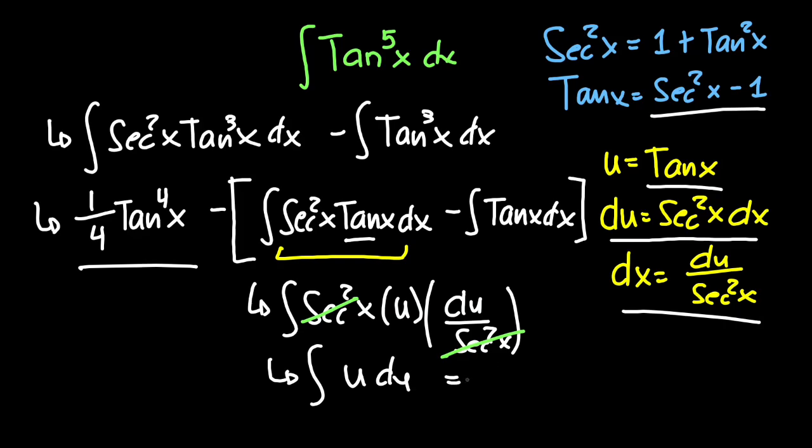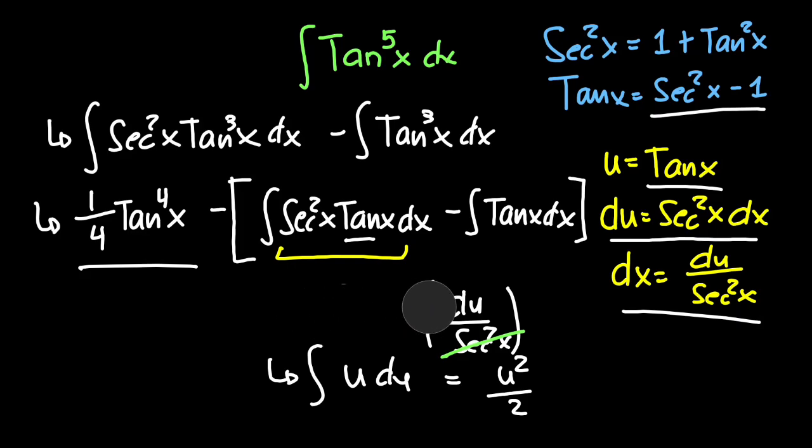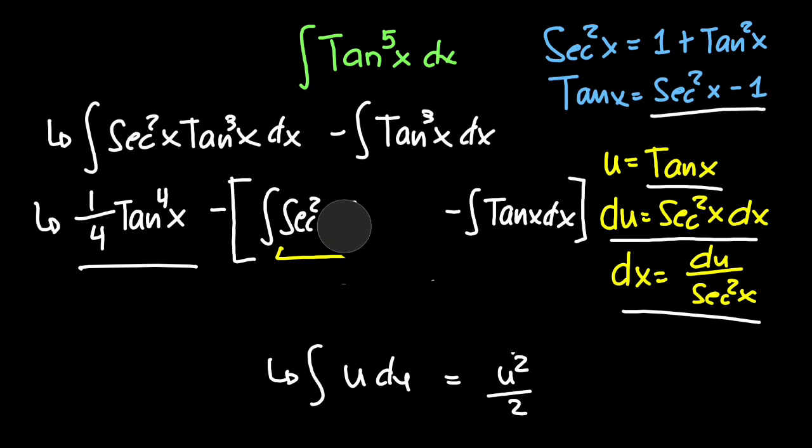Taking the integral of u du based on the power rule, it is simply u squared over 2. So this would be u squared over 2, or 1/2 u squared, where the u value here is tangent of x, so this would be 1/2 tangent squared of x.